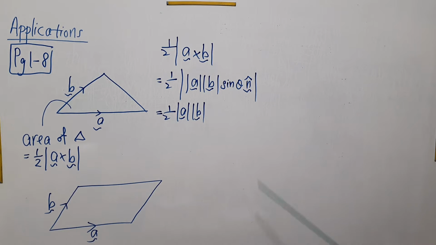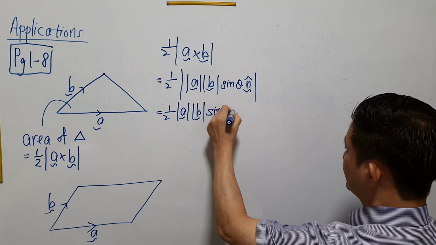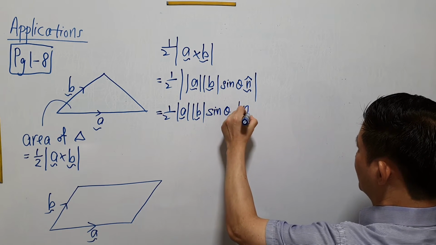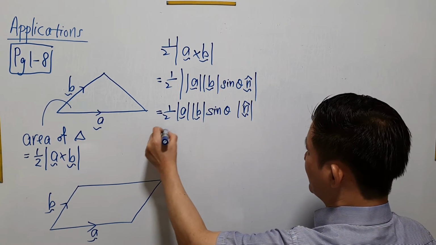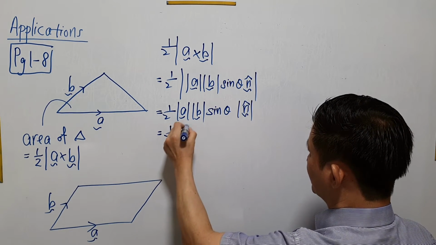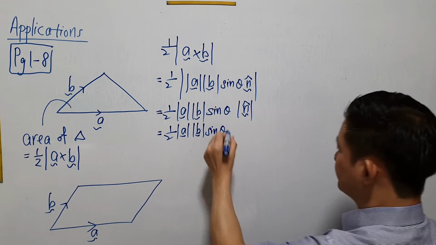So if you have to find the sine of an angle that is at most 180 degrees, the sine of the angle is also positive, so I can pull it up readily. So I'm left with the magnitude of n cap. And what is the magnitude of n cap? It's actually 1. So now we have this: half magnitude of A, magnitude of B, sine theta.